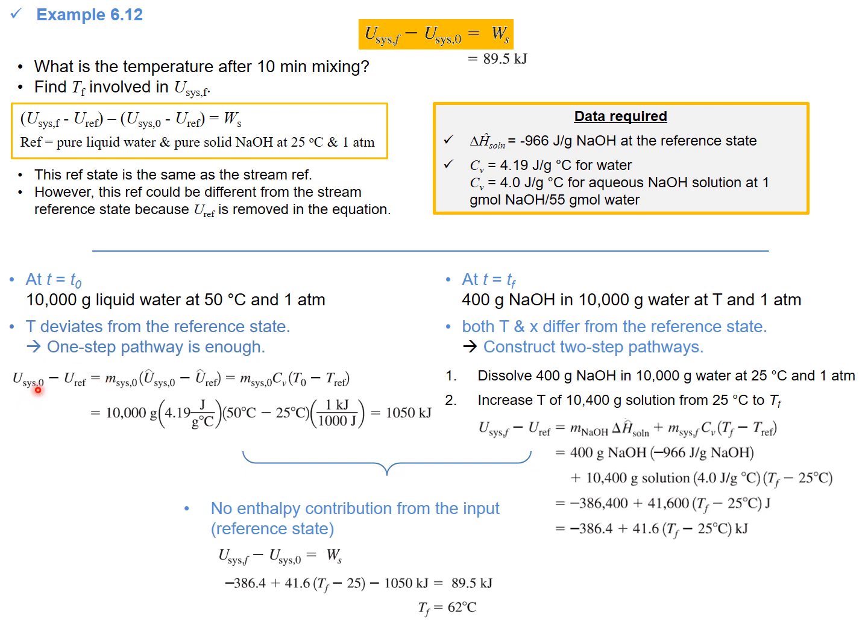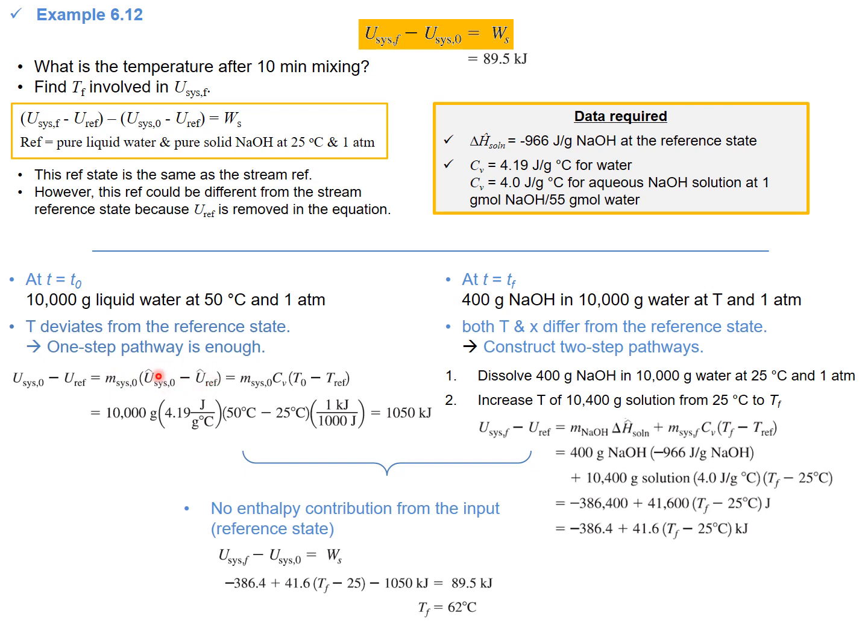So here, the initial state of the system minus reference state for the internal energy is equal to each corresponding specific one. Specific initial state, specific reference state with the mass inside of the system. That is the 10,000 gram.